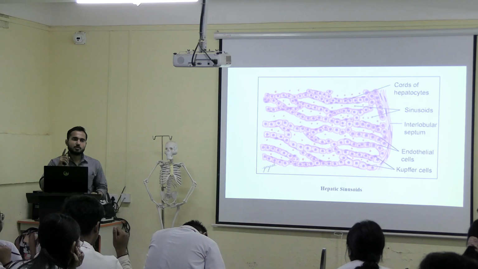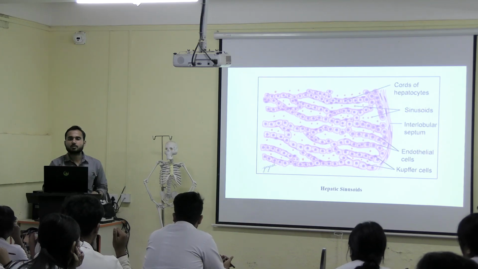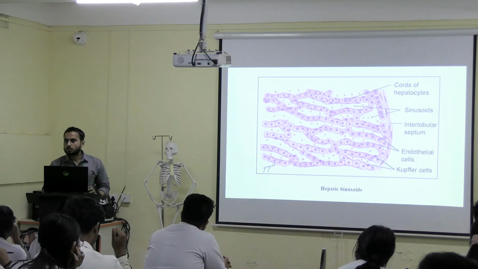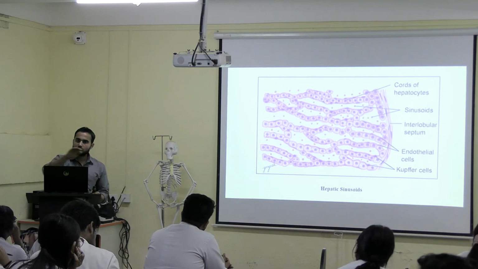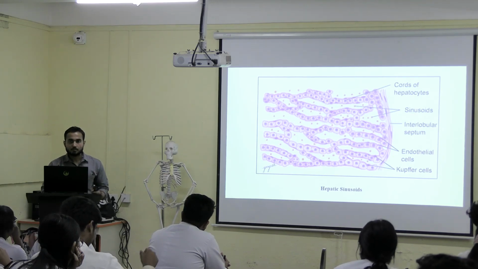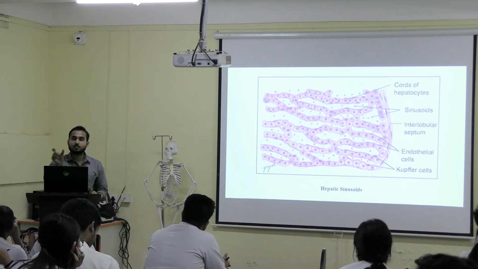If you remember the blood vessel chapter we studied, especially arteries and veins, I mentioned that endothelial cells are present in the lumen. Those endothelial cells are continuous with each other: one endothelial cell, another endothelial cell, with no gap in between. But in the hepatic sinusoid, endothelial cells are present, but gaps are present in between them. That's why it is a sinusoid or discontinuous capillary.